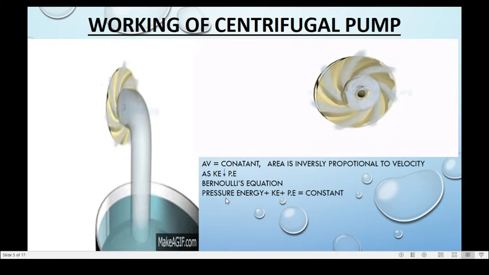So pressure energy is inversely proportional to kinetic energy. When the kinetic energy decreases, as the velocity decreases, the pressure energy increases. Hence, in the delivery side, the kinetic energy is very less, and the pressure energy is very high, which ultimately increases the pressure head.